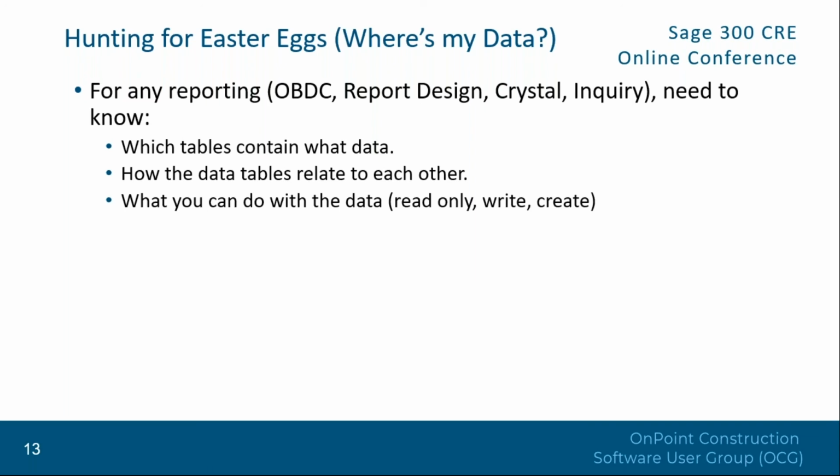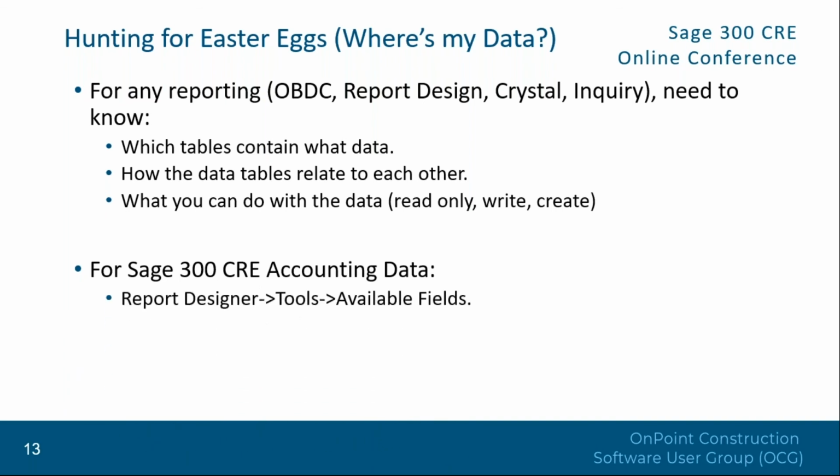Okay. So there are three tools that we have available, regardless of whether we're using ODBC, Report Designer, Crystal, etc. The first of which we're going to take a look at is, in Report Designer, the Available Fields tool. Second, Event 1 actually makes something called a Quick Aim manual, which is actually a manual set.